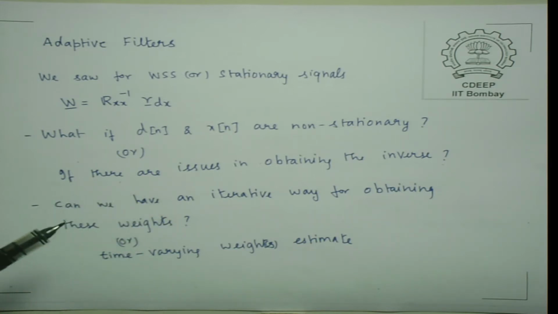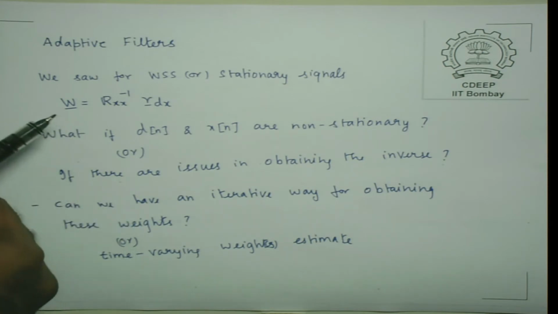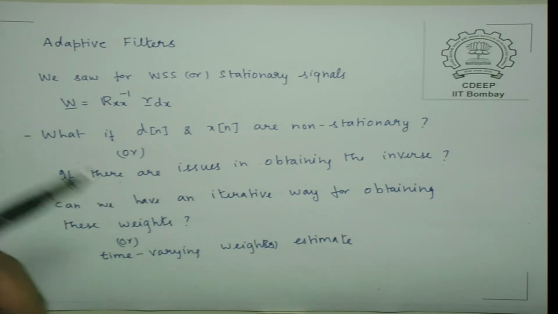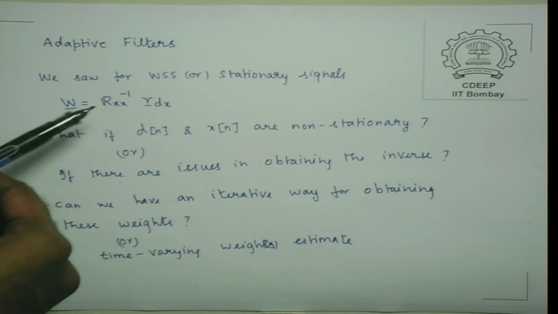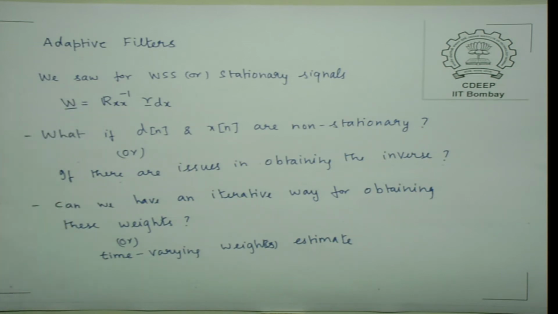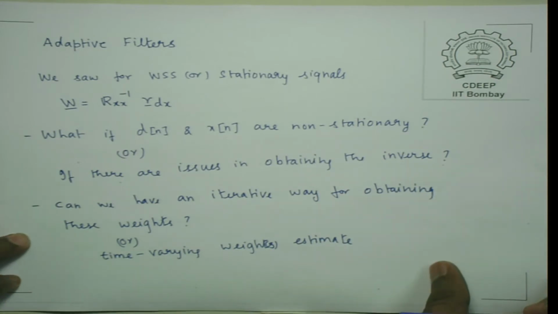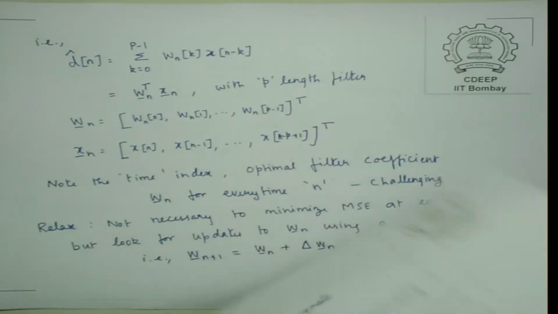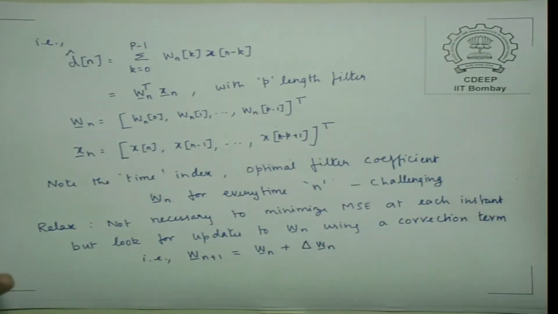An iterative way will help us get to W optimal from some W, without any prior condition. If we initialize it to some value, we would have an iterative way of getting to W. We also want to look at it in an adaptive way, if there is something changing in the system and we still want to update this W, right. So, those are the two requirements we have, and that is what we will use as motivation for why we need adaptive filters, right.